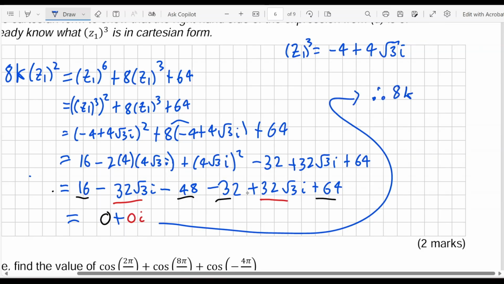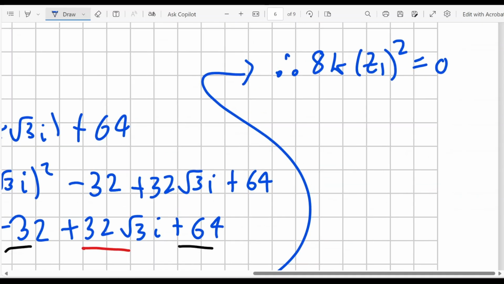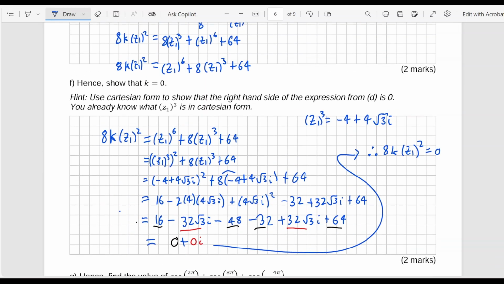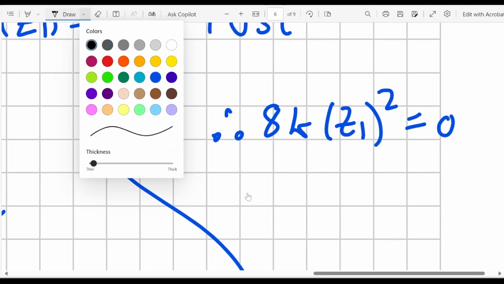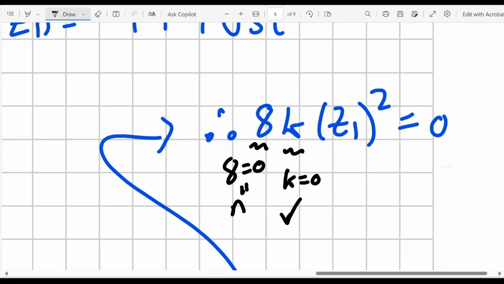Okay, let's grab some space over here. Therefore, 8k z1 squared is 0. And by the null factor law, hold on, have we got it? Didn't show that k is 0, yeah. So by the null factor law, we've got 3 possibilities. 8 is 0, which doesn't work. K is 0, which is what we wanted.